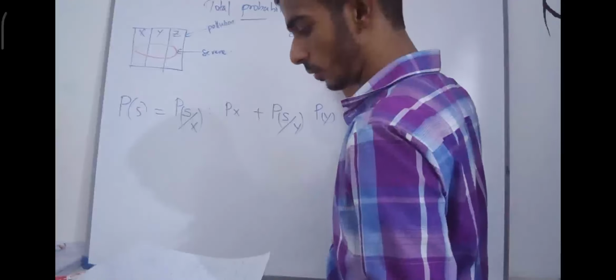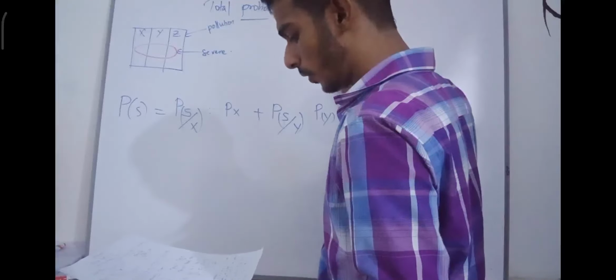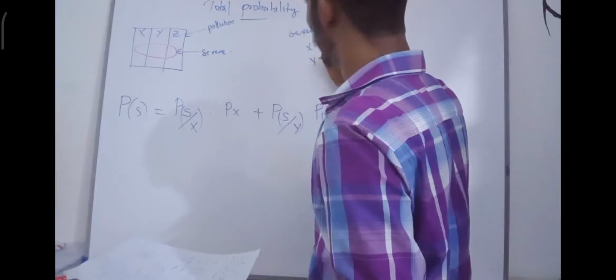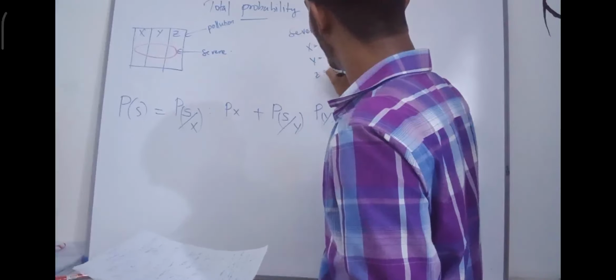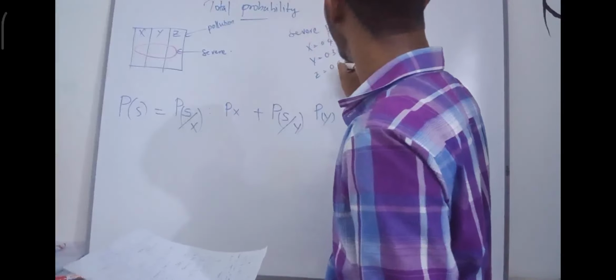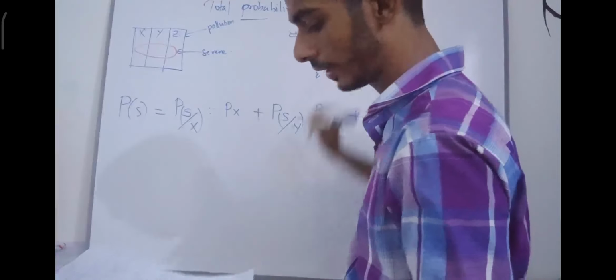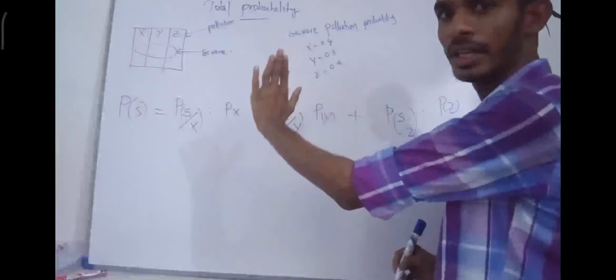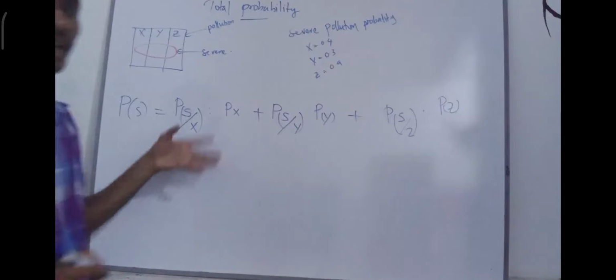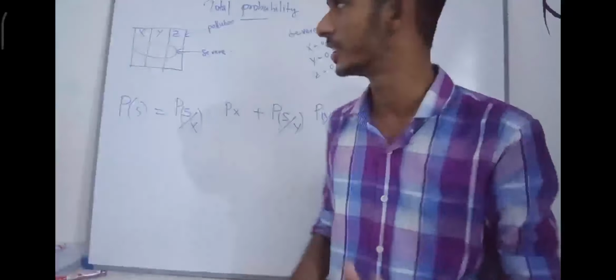For X that is equal to 0.4, for Y that is equal to 0.3, and for Z that is equal to 0.9. This information will be given in the question. After finding the answer, I will explain the scenario conceptually.